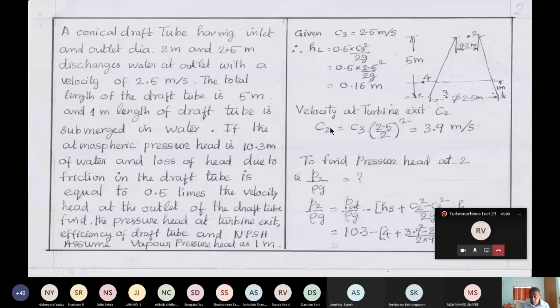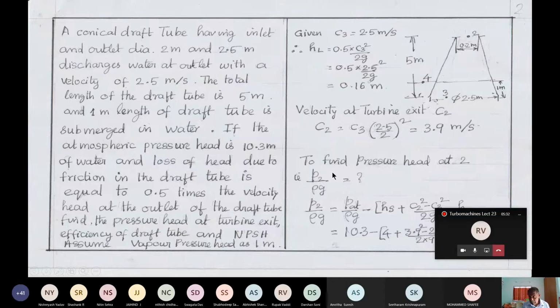C2 into the corresponding area A2 should give me the discharge, which is equal to C3 into the corresponding area at 3. And the area is proportional to the square of the diameter, pi d square by 4. So I have directly taken the diameter ratios and computed the velocity at C2, which is 3.9 meters per second.